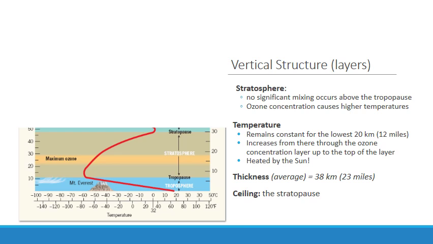And so the top of the stratosphere, remember, is the stratopause. Here we see an increase in elevation, not so much of an increase in temperature, but then all of a sudden it starts to warm up when we get to this feature.